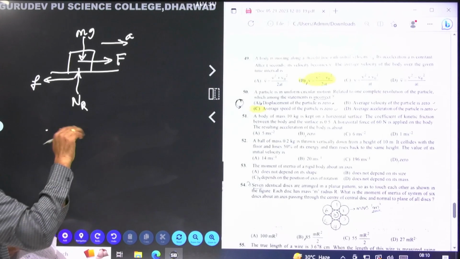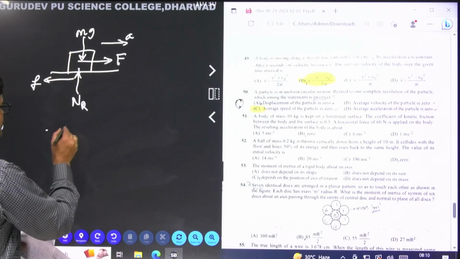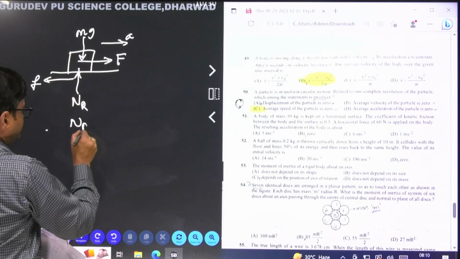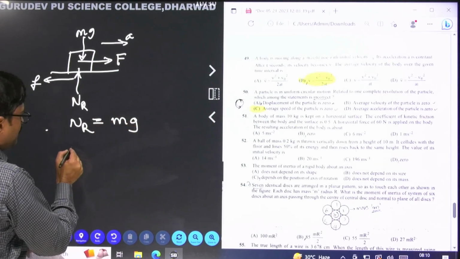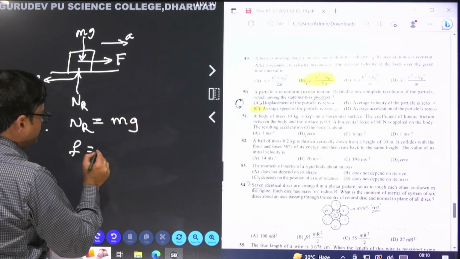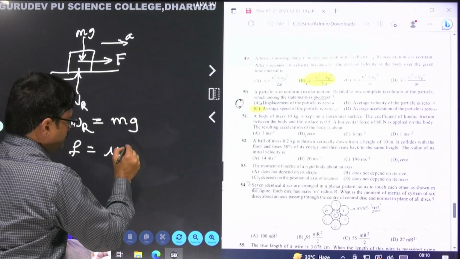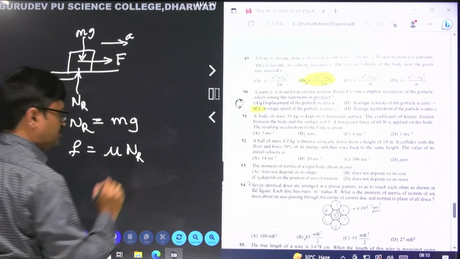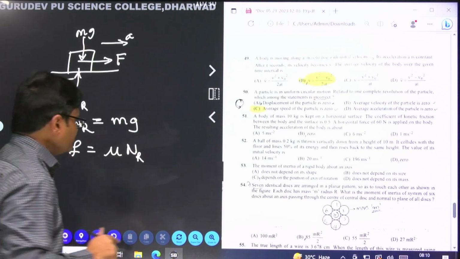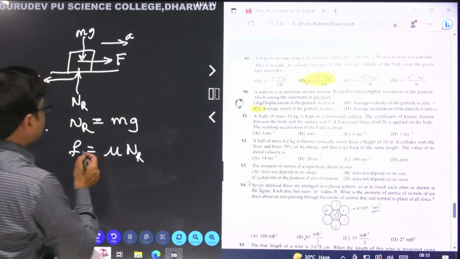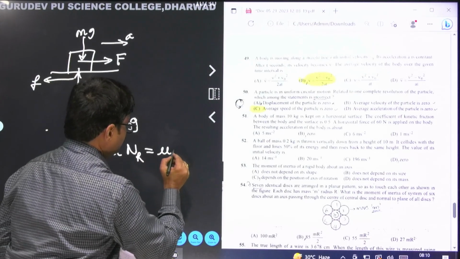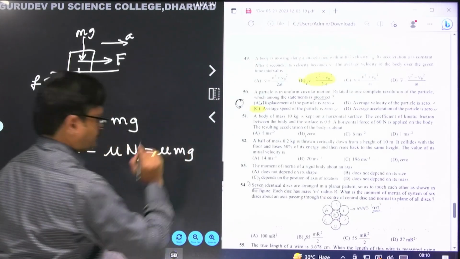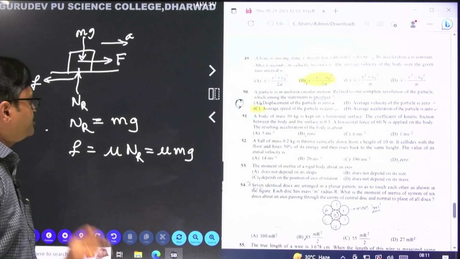From this free body diagram I can note that normal reaction is equal to mg. Also the friction force F is mu into NR, the normal reaction, according to the laws of friction. So friction force is equal to mu into mg.